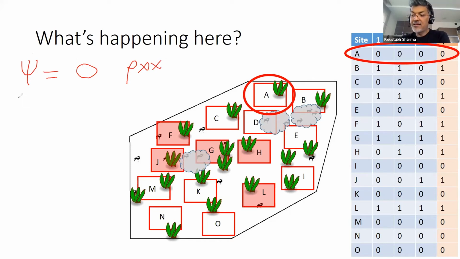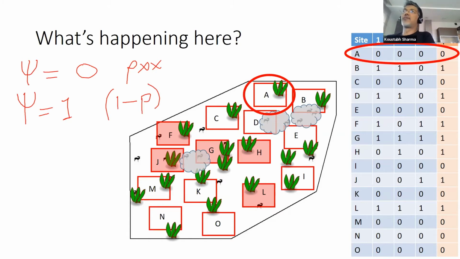The other possibility is that the species is using it, but I have not seen the species, with a probability of 1 minus P. Now, P is a probability, so the probabilities always sum up to 1. Let's say I have a coin, the probability of getting heads is 0.5.